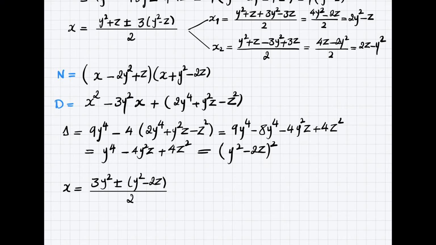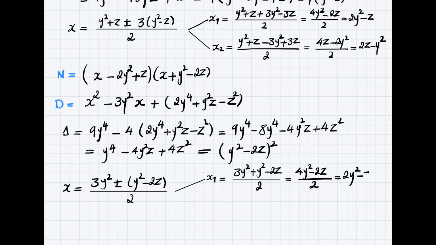And then I will have two roots again. So x1 is equal to, consider the positive sign, it becomes this, and then it becomes 4y squared minus 2z divided by 2. I factor a 2 out, and the denominator will cancel out, so I will have this expression.